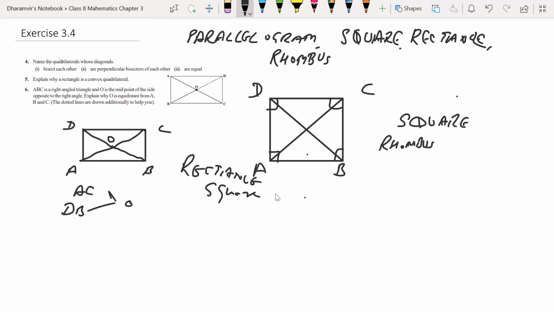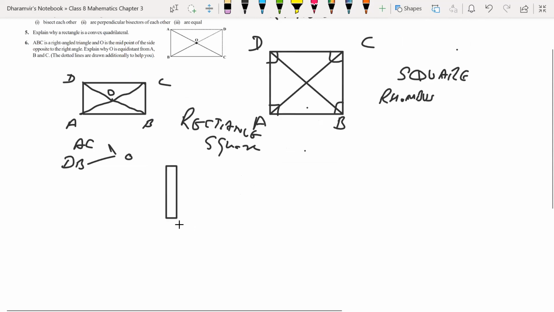Now, question 5: why is a rectangle a convex quadrilateral? A convex quadrilateral has all its diagonals inside the quadrilateral. Let's consider a quadrilateral.